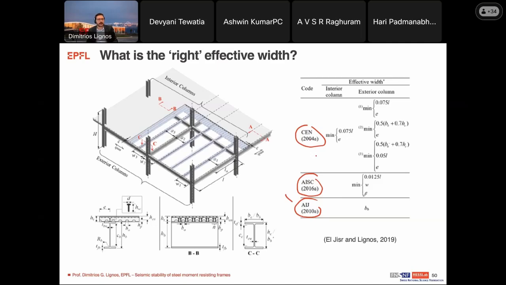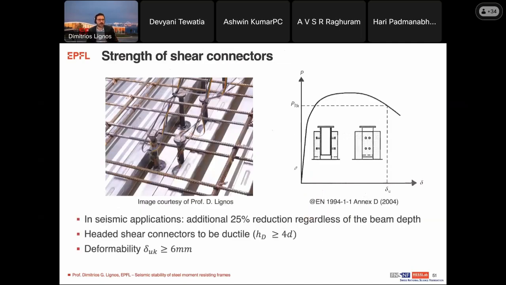So another question that arose prior to the completion of this project was related to the strength of our shear connectors. In seismic applications, if you recall, we use a penalty of 25% reduction regardless of the beam depth.